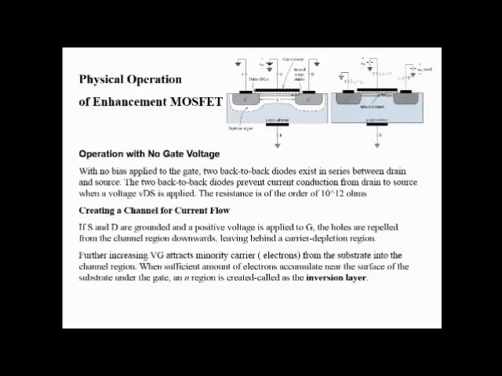Further increasing VG attracts minority carriers, the electrons, from the substrate into the channel region, which makes conduction easier. When a sufficient amount of electrons accumulate near the surface of the substrate under the gate, an N region is created, called the inversion layer. So in a P-type substrate you get an N-type channel, the inversion layer, made possible by applying a positive gate terminal voltage.